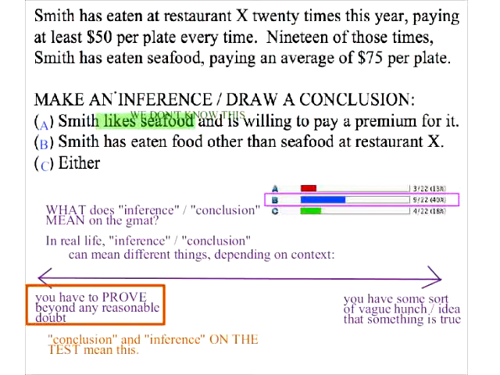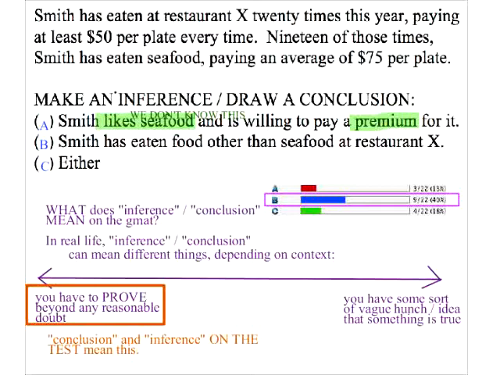And then the other problem with premium is the same thing, because premium means more than Smith pays for other things. Premium is not just a high price. Premium is more than others. So we don't know this either, because we don't know how much Smith pays for other food. It's over 50 on average.